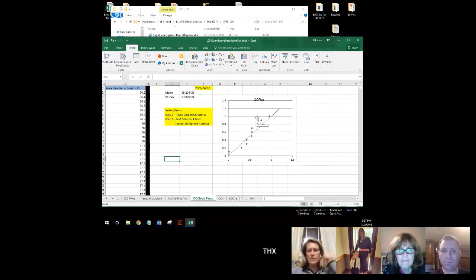I think maybe the formula to create the QQ plot did not come over when you created that sheet again. Do you see how this FX is blank? I think you copied the sheet, but it didn't copy the formulas.